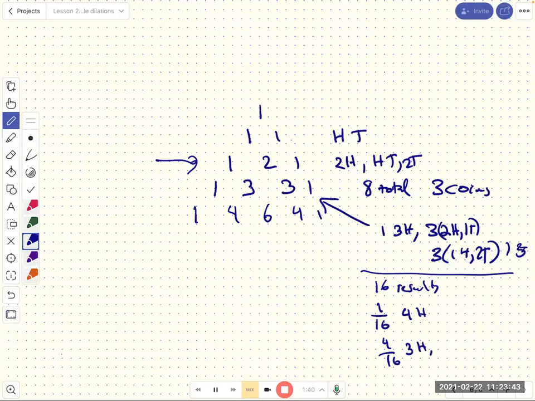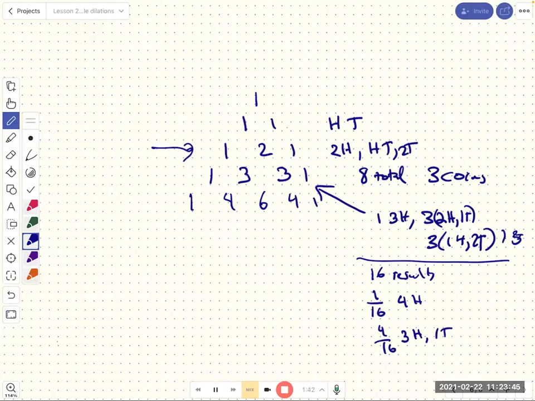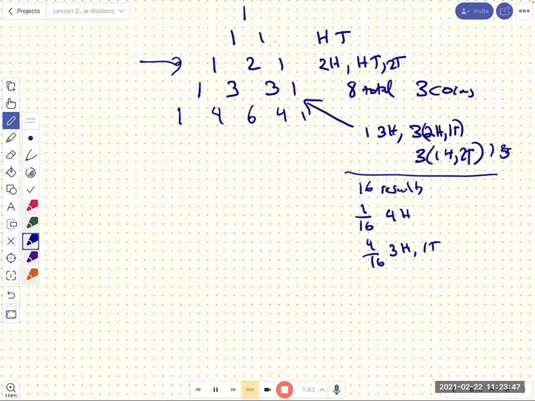How often do you get 2 heads and 2 tails? 6 out of 16 is 2 heads, 2 tails. And then you notice how it's symmetrical. So 1 head, 3 tails is also 4 chances.